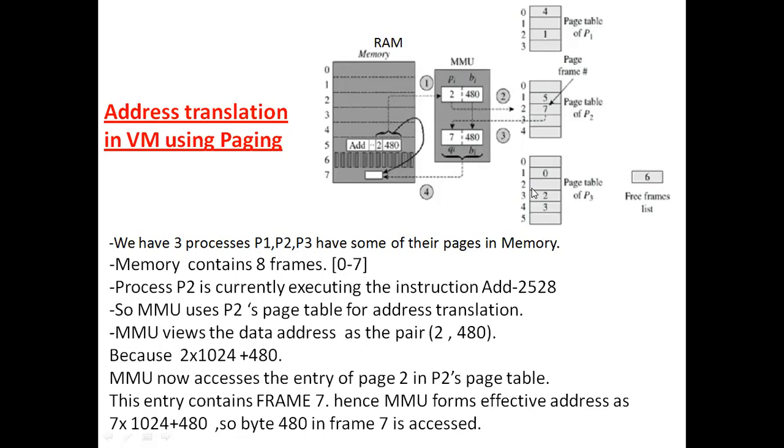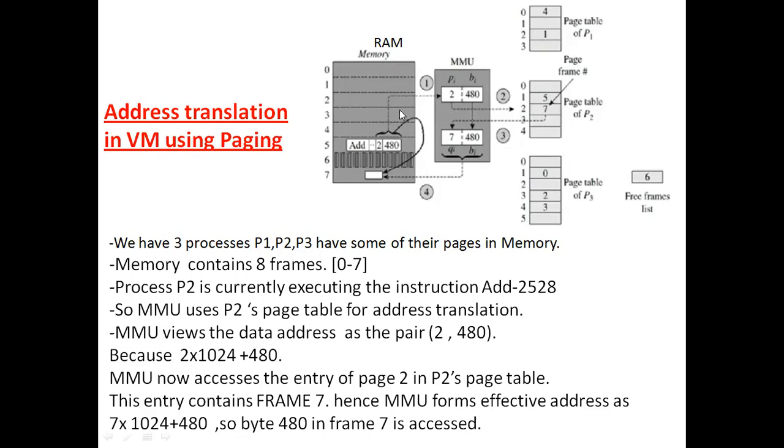Suppose in the examination the question is, with a relevant diagram, explain the address translation in virtual memory with paging. You can take the example of this figure where we have 3 processes, and each process has been divided into many pages, and some pages are stored in the main memory, whereas some frames are left free.